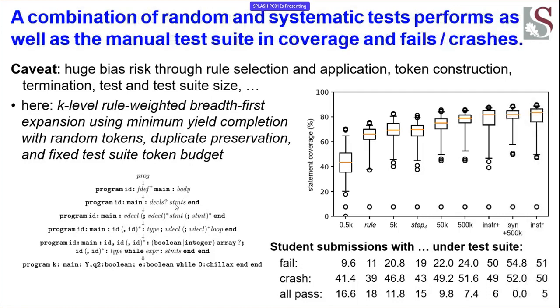The real win comes from combining random test suites and systematically constructed test suites that also contain negative tests. So this is the bar SYN plus 500K. That's a large random test suite and a variation of deeply nested syntactically constructed tests.